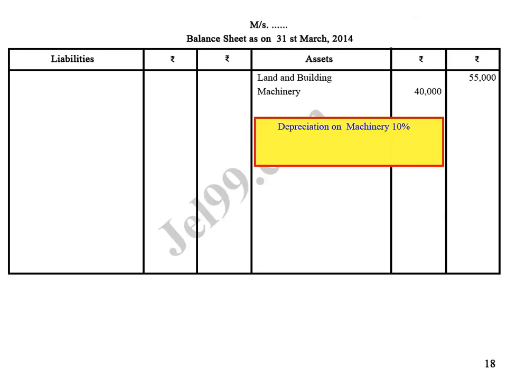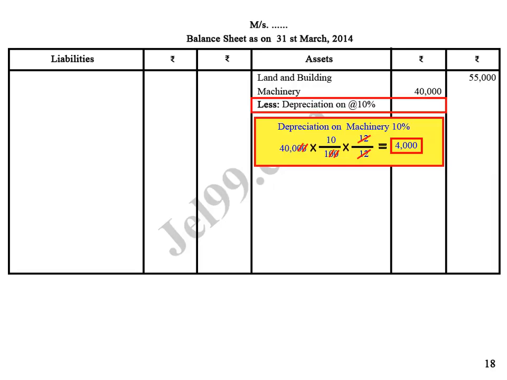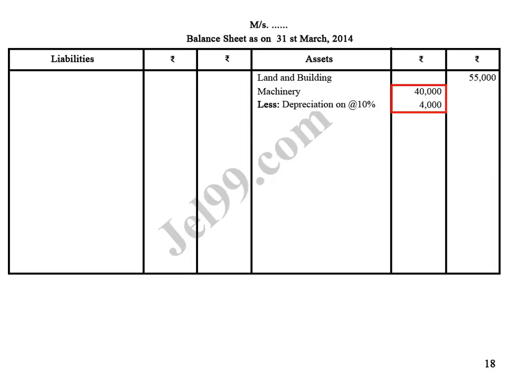Amount of depreciation on machinery of rupees 40,000 into rate of depreciation 10%, that is 10 upon 100, for 12 months, into 12 upon 12, 0 cancel, 12 cancel, so 400 into 10 is equal to 4,000. Its first effect, less from machinery as depreciation of rupees 4,000, so 40,000 less 4,000 is equal to 36,000.